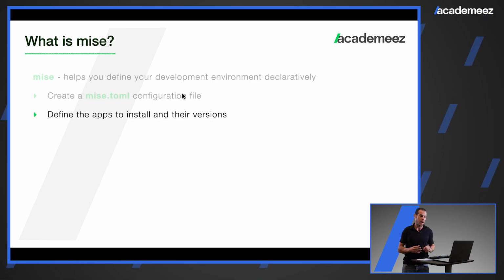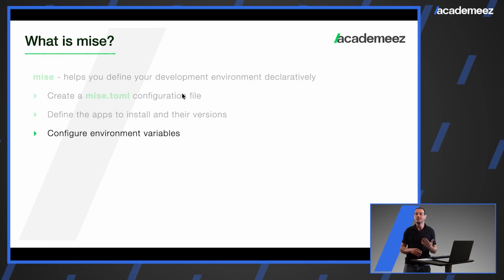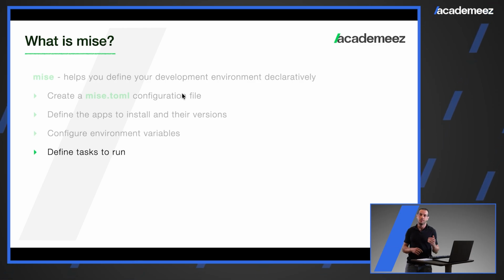So you define the apps inside the mise.toml. We define the apps that we want to install, and we define the versions of those apps. We can configure environment variables in that mise.toml file, so you can automatically adjust the environment variables that should be in your environment. You can define certain tasks. So you can say, I want a task that will format my YAML files.